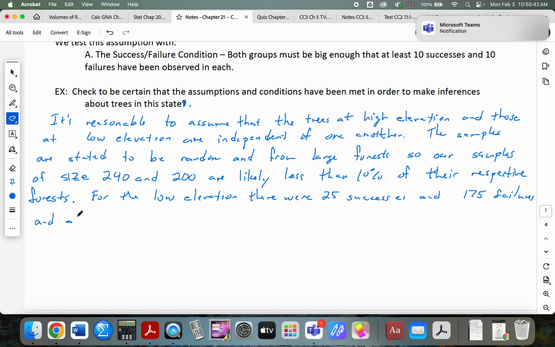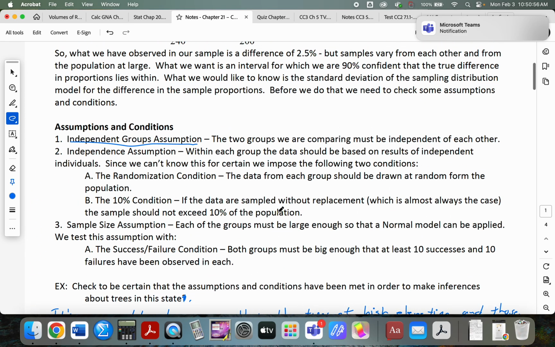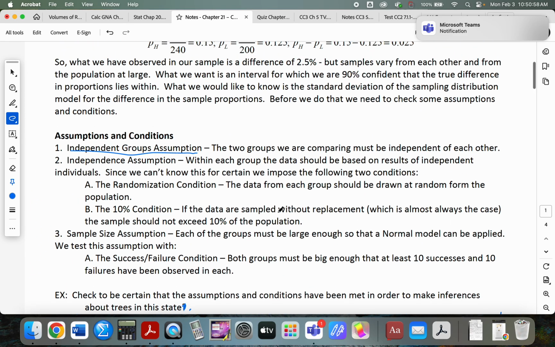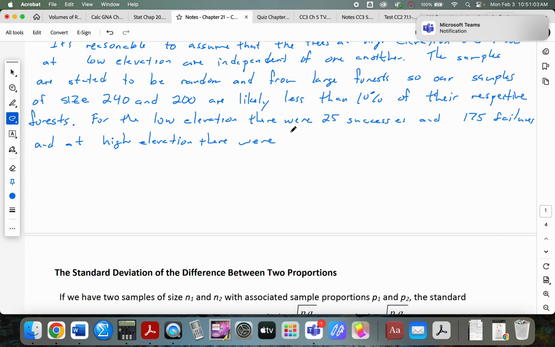And at high elevation, there were, where are we? 36 and 204.